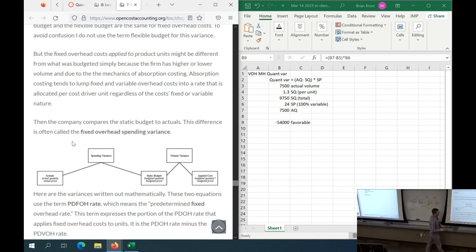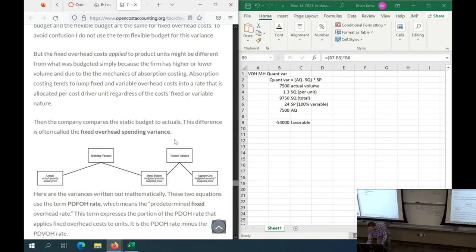This applied cost reflects the fact that we incurred so much cost driver, and based on the budgeted amount of cost driver we're supposed to have in the denominator here, we allocated this much amount of fixed overhead cost to units. Now, it's more of a fiction than our static budget, which all fit together nicely. This is including the fact that we might have over or under allocated overhead, this fixed overhead to units.